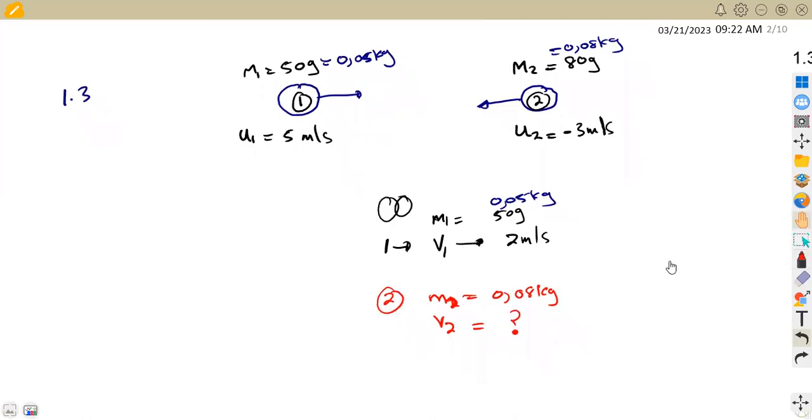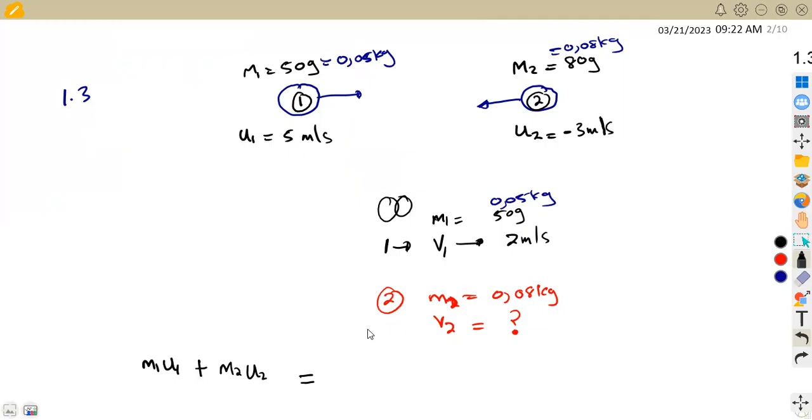So how are we going to find this? Remember from our momentum concept that the initial total is the same as the final total. Mass times velocity gives us momentum. So initially we have M1 U1, the first ball's mass and initial velocity, plus M2 U2.